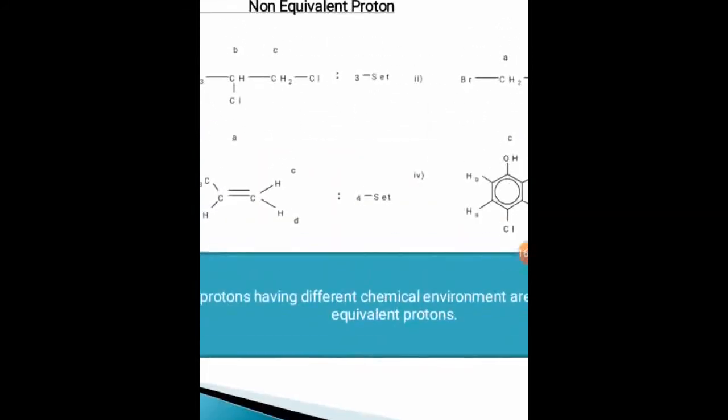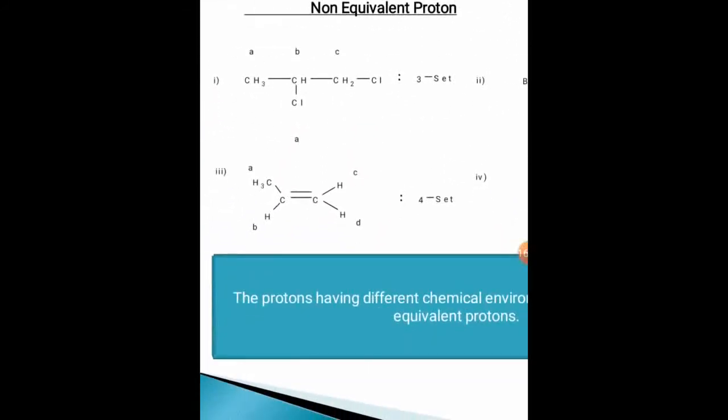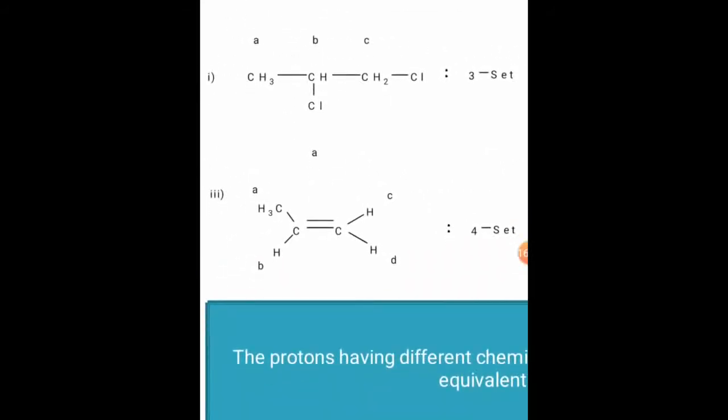Now let us discuss non-equivalent protons. The sets of protons having different chemical environments are called non-equivalent protons. In the first example, 1,2-dichloropropane, there are three sets of protons. The CH3 group has a different chemical environment than CHCl because that CHCl is tertiary, while CHCl has a different chemical environment than the CH2Cl.